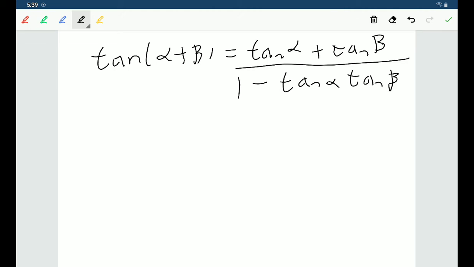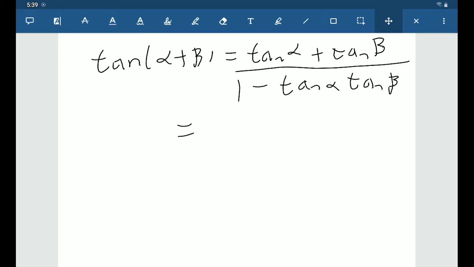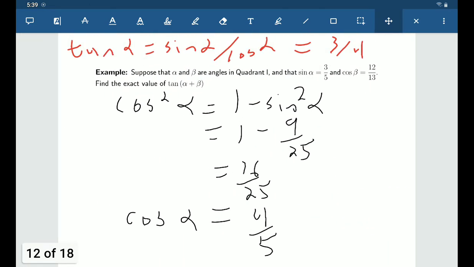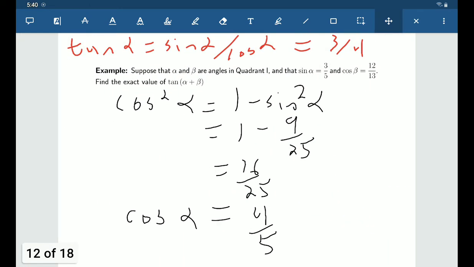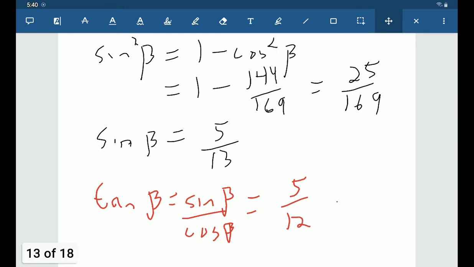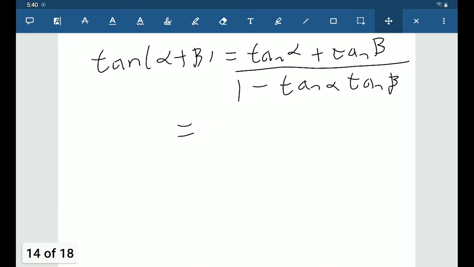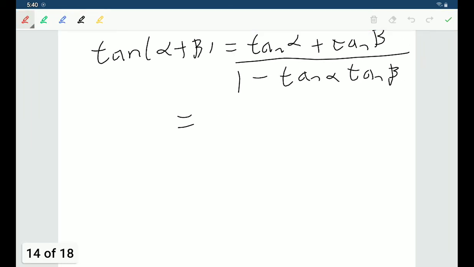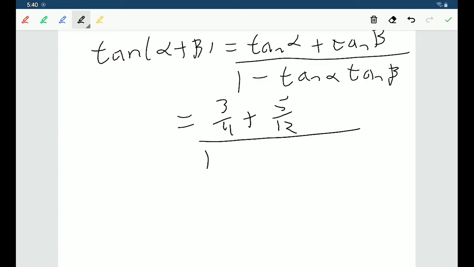And now we just have to put in everything that we found, because on the previous page we found that tangent of alpha was 3/4, and tangent of beta was 5/12. So we'll have 3/4 plus 5/12 over 1 minus 3/4 times 5/12.